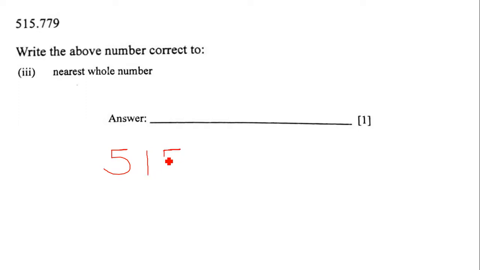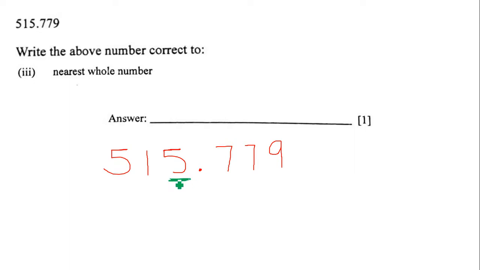So we have 515.779. Because we want to write it as a whole number, the number under our consideration would be 5.